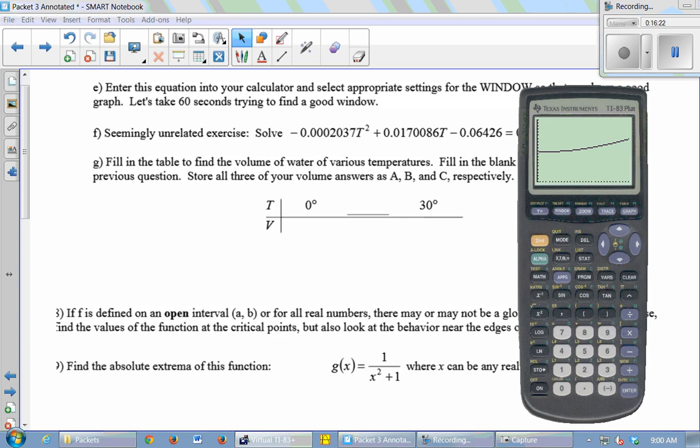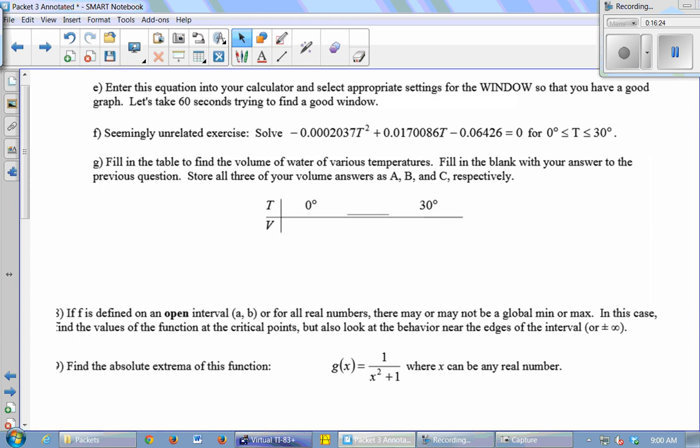Okay, so on the first day of class, I said, here's a seemingly unrelated exercise: solve this quadratic equal to 0. Now that we've had two thirds of a class of calculus, where did that quadratic equation come from? It's the derivative of that volume function set equal to 0.